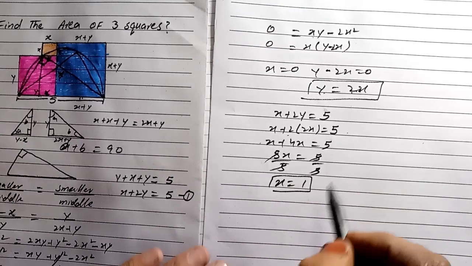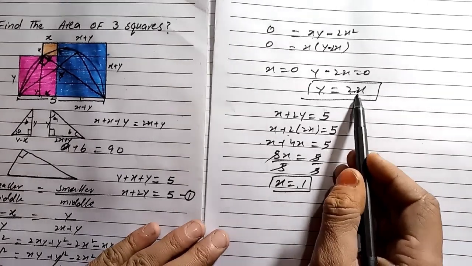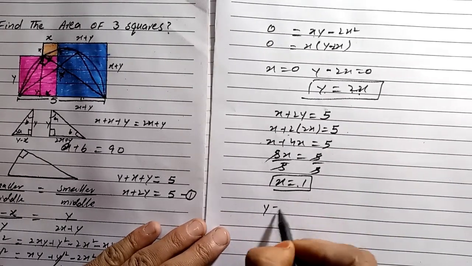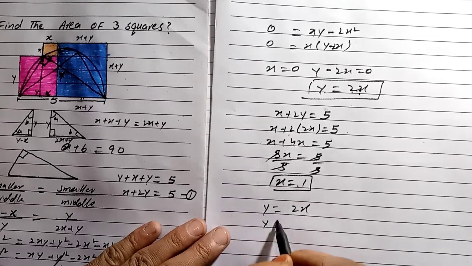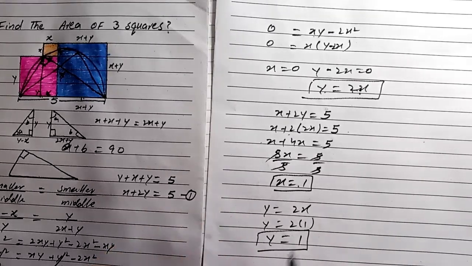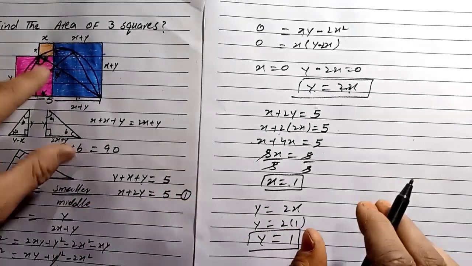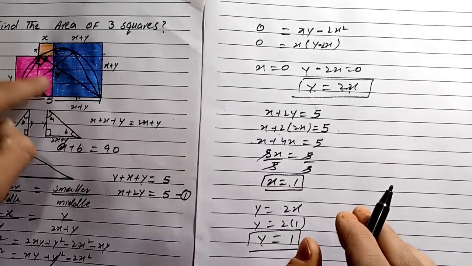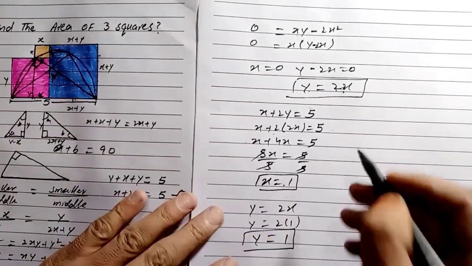If we put the value of x in this equation, where y is equal to 2x, then y is equal to 2 times 1. Then we get the value of y equal to 2. Our main aim is to find the value of these three squares.